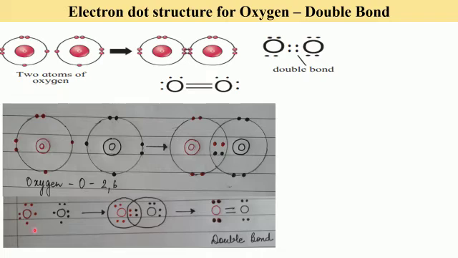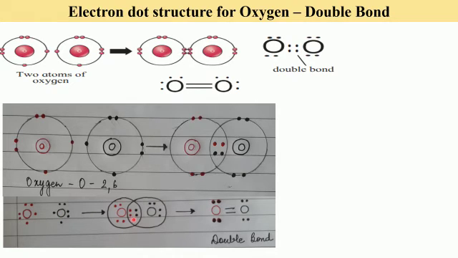This is dot structure again. Here we are only showing dots, because here only the dot structure, how to draw, is explained. So these are the 6 electrons of this atom of oxygen. These are the 6 electrons in the valence shell of this oxygen.